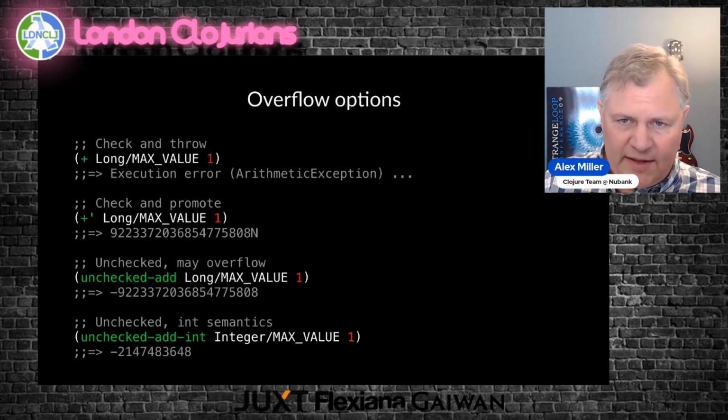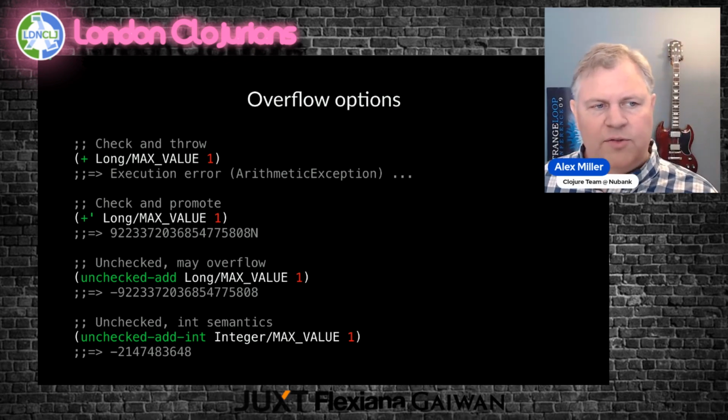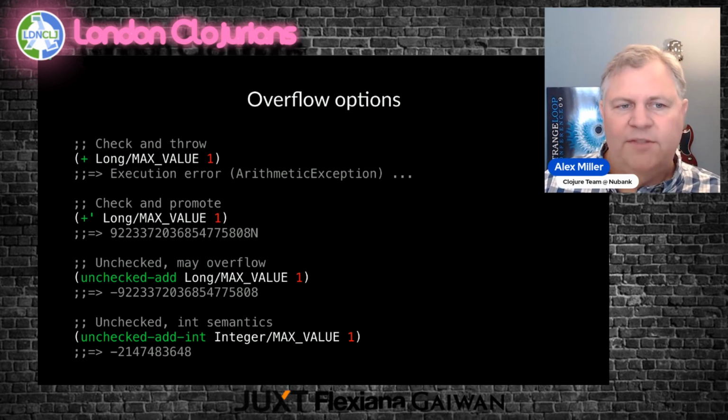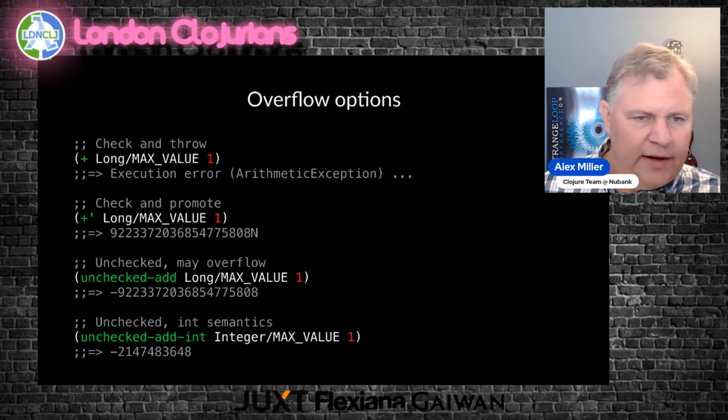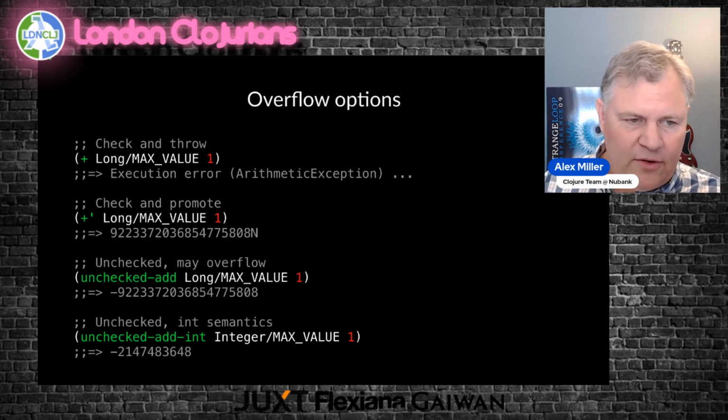So the way that we say these things in Clojure: normal math operations, like plus, minus, times, will by default be checked math. So if you try to, for example, add 1 to the long max value, you will overflow and get an exception at that point. If you want to check and promote to an arbitrary precision type, you can get that in Clojure by appending a quote.